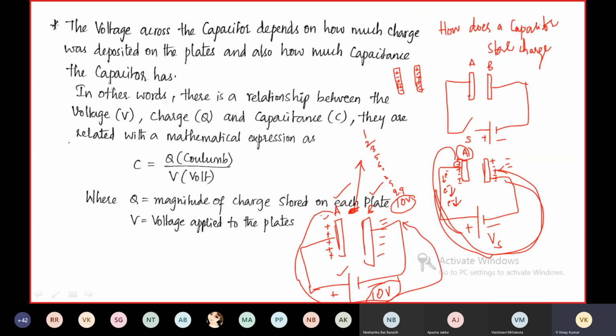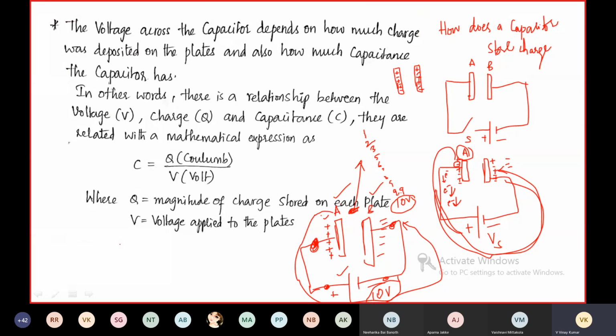The voltage at this point with respect to that point is 10 volts, and there is no potential difference between the two points, so no current flows. When the voltage across the capacitor reaches the applied voltage, the capacitor acts as an open circuit.